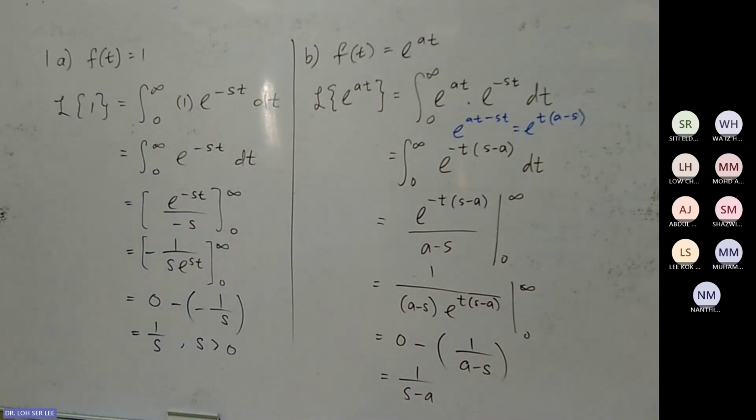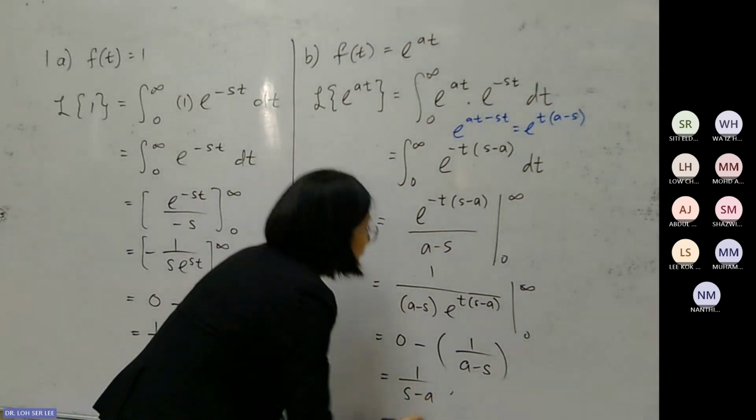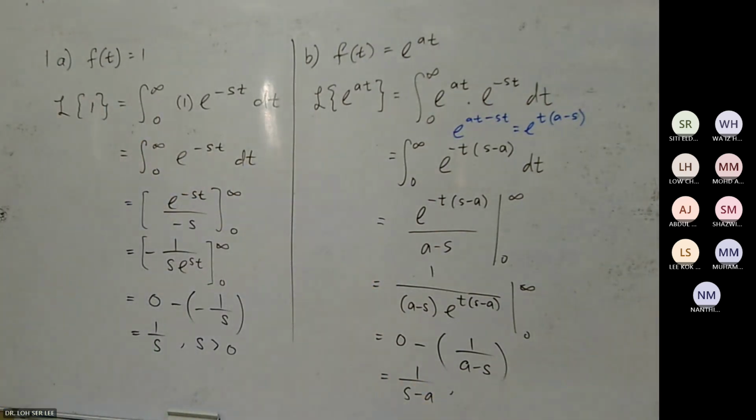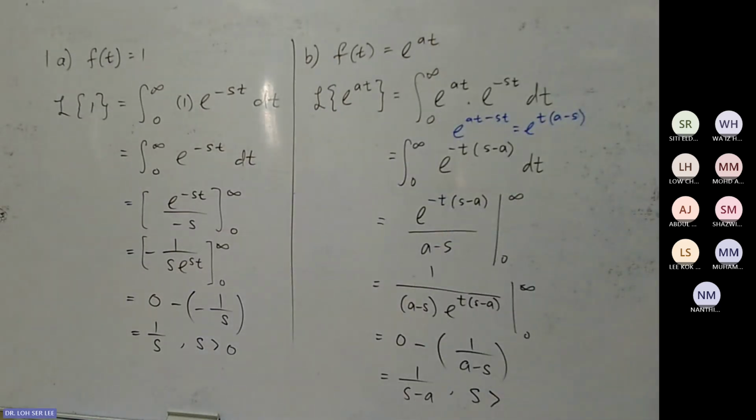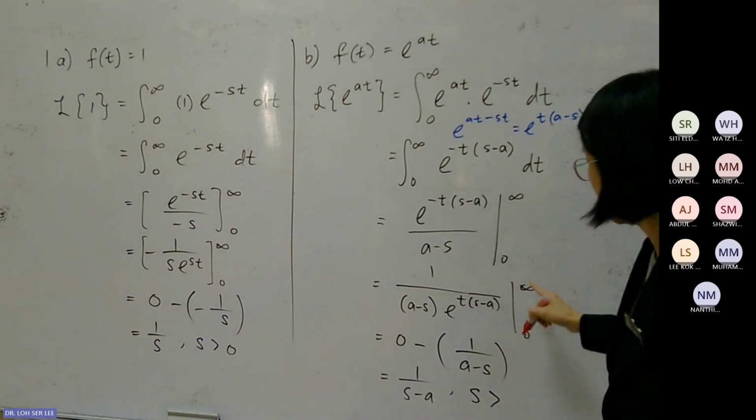So what is the assumption that we have made so far? s is greater than a. Why?